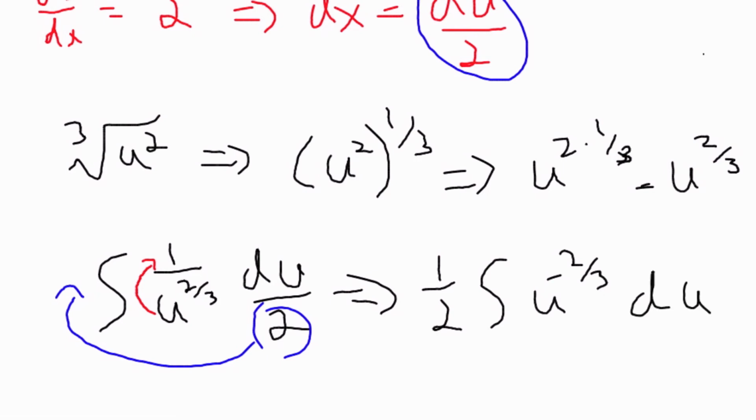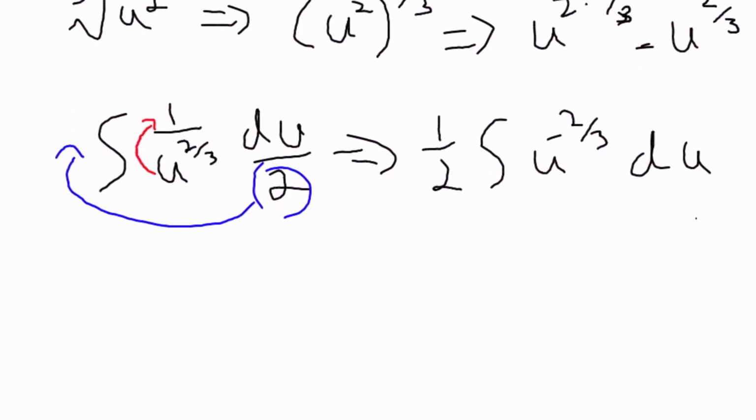Okay, now let's talk about the boundaries. Before it was from 0 to 13. Now we want to change that. We have two options. We can either change the limits or change the u back to x in terms of x after we integrate. So let's just change the limits now.